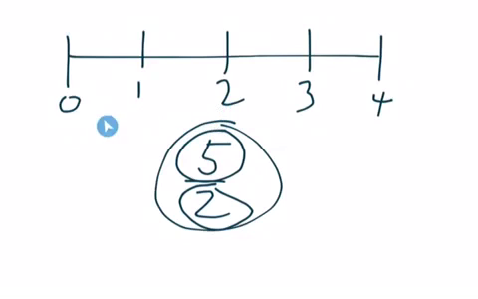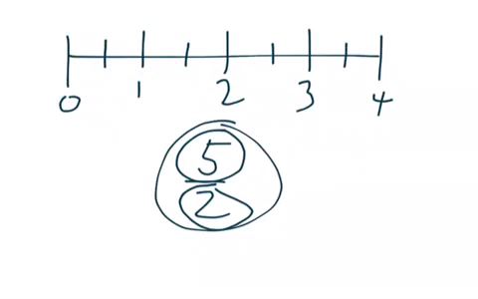From 0 to 2 is 2 wholes, 3 wholes, 4 wholes. Each one of those wholes is split in halves. So split in half, split in half, split in half, split in half. So now this 1 is cut in half, 1, 2 halves. This whole, 1, 2 halves. This whole, 1, 2 halves.